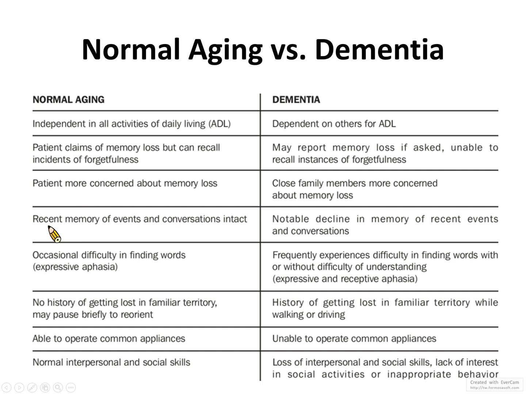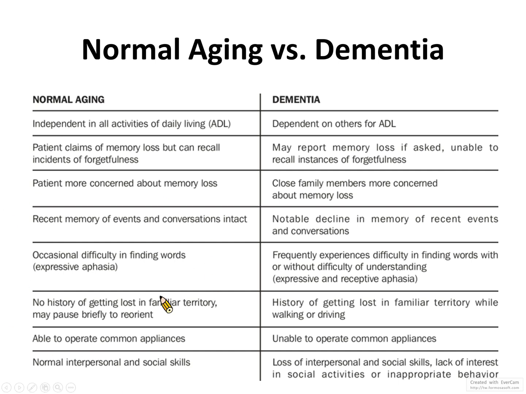Also, normal aging has recent memory of events and conversations intact, and occasional difficulty in finding words, which is quite common in older people and even in middle-aged people. There is also no history of getting lost in familiar territory, they may pause briefly to reorient, are able to operate common appliances, and have normal interpersonal and social skills.